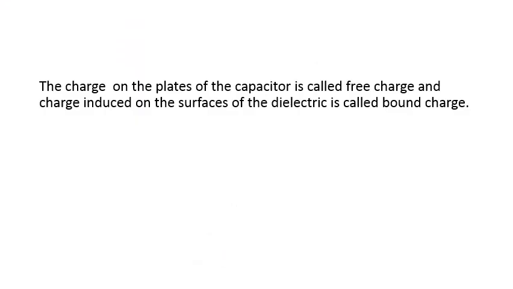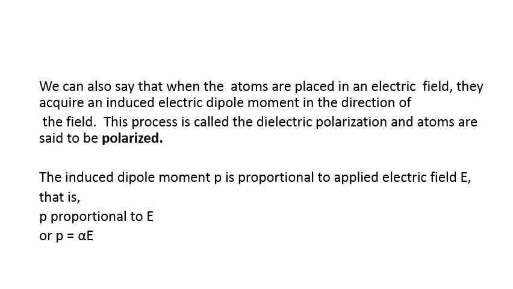The charge on the plate of the capacitor is called free charge, and the charge induced on the surface is called bound charge. When atoms are placed in an electric field, they acquire an induced dipole moment in the direction of the field.